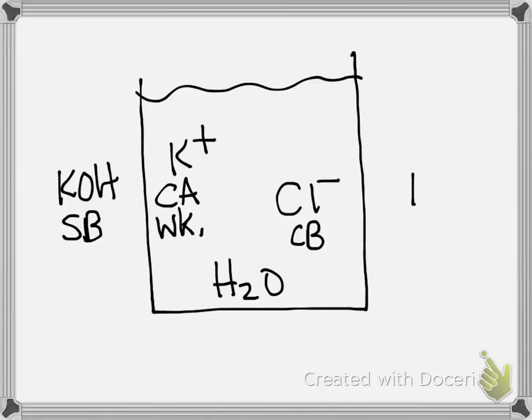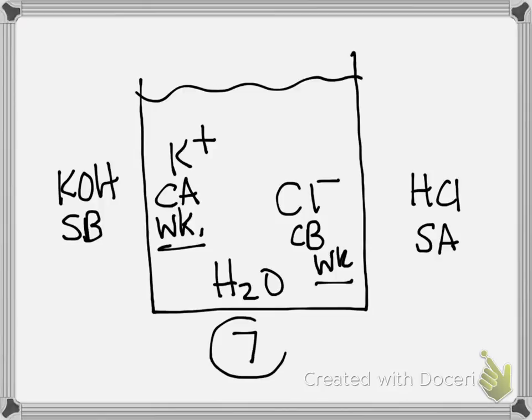Conjugate base comes from HCl. It's a strong acid, so it's a weak conjugate base. Since both of these are weak, neither of them reacts with water, and the pH stays neutral because water isn't being changed. Water isn't gaining or losing protons, so the pH stays neutral.